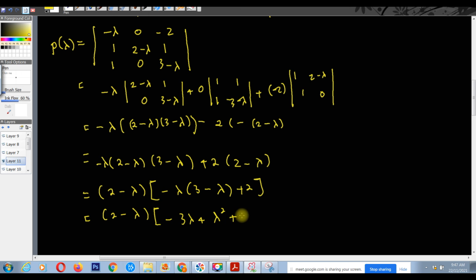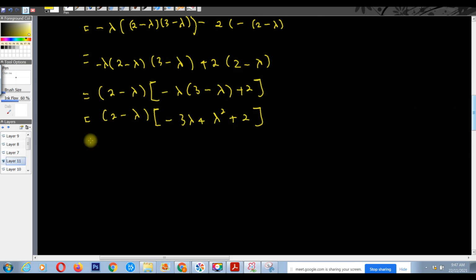So you expand this: 2 minus lambda, you will have negative 3 lambda plus lambda square plus 2. By using the quadratic formula, you can factor this out.